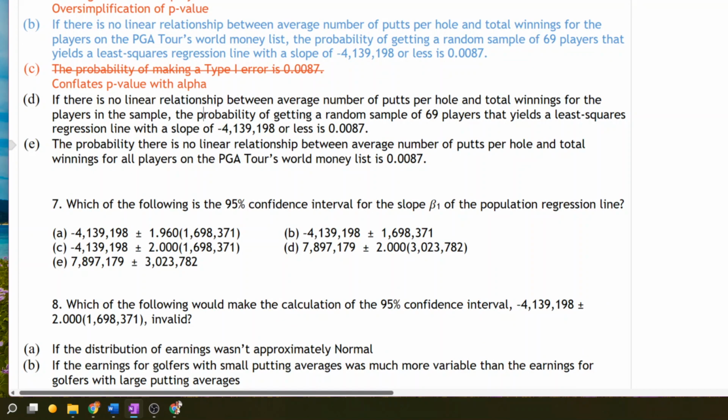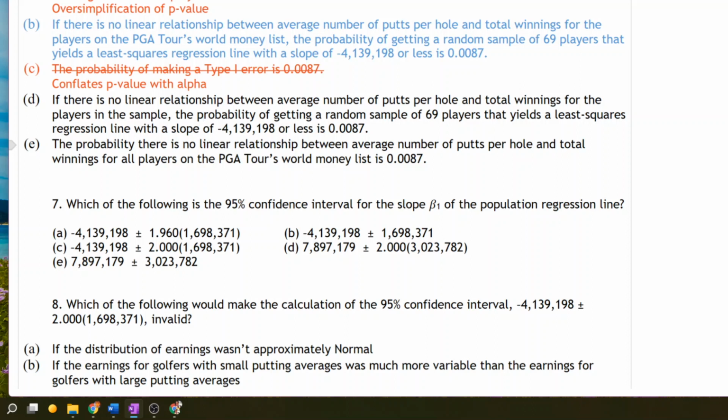Letter D, if there's no linear relationship between the average number of putts per hole and the total winnings for the players in the sample, the probability of getting a random sample of 69 players that yields a least squares regression line with a slope of negative 4,139,198 or less is 0.0087. And if you're reading this and thinking, wait, didn't I just read that in letter B?